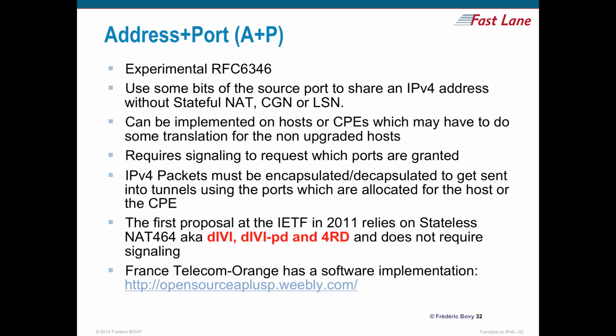But in the future, we can imagine that a signaling protocol like, for instance, DHCP may request not only a public IP address, but a public IP address plus a port range, so each site will only have a range of ports available, and this way we can have the same public address shared by many sites.